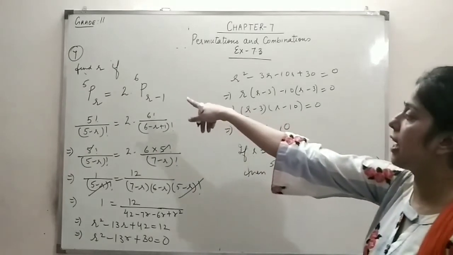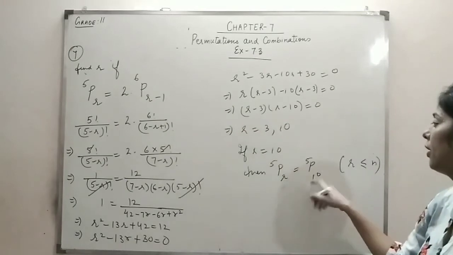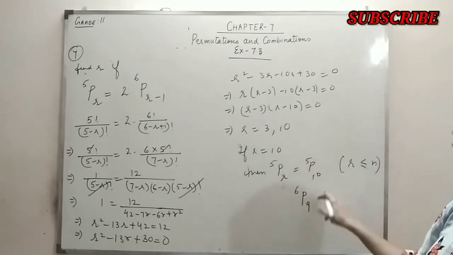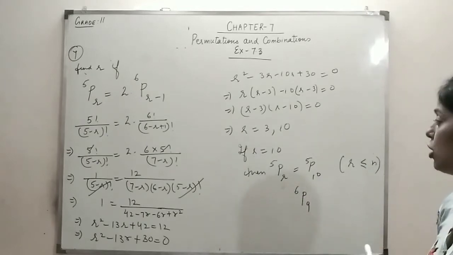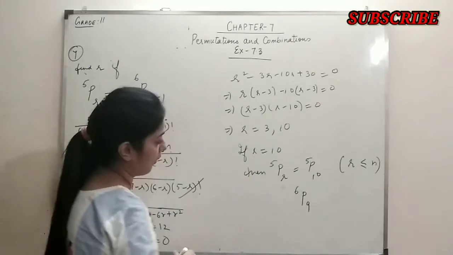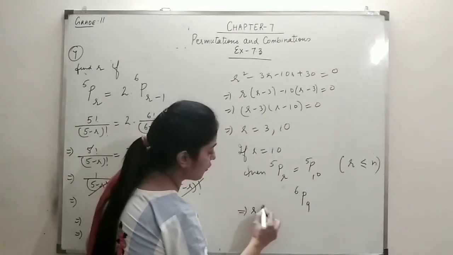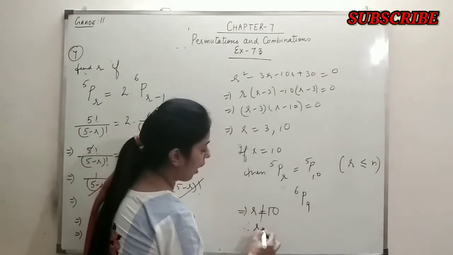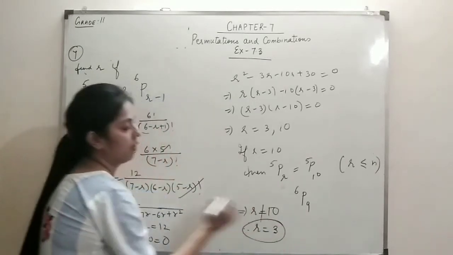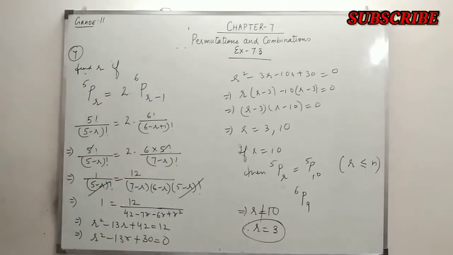Again you take 6P(r minus 1), that is 6P9. Again the value of r is greater than n. So r equals 10 is not possible. So this implies r can't be 10. Therefore r equals 3. We have to choose it. So r equals 3. Like this you have to solve this kind of question.